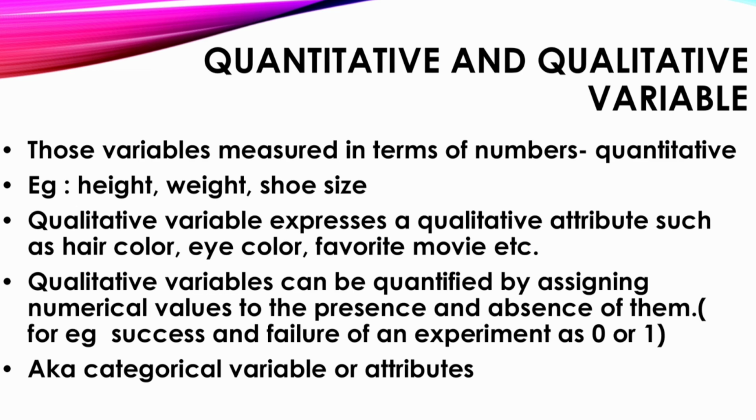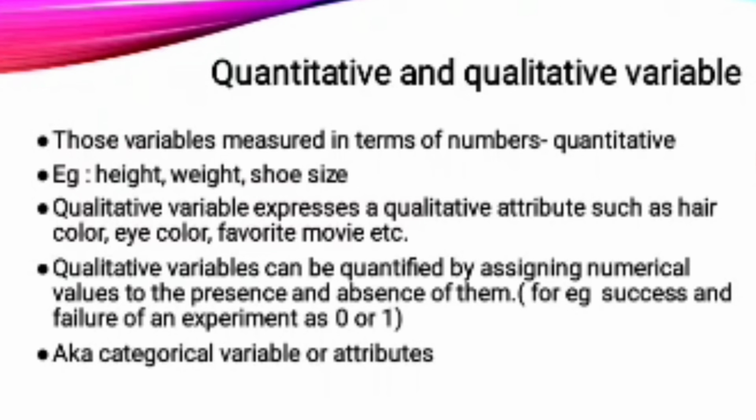For example, success and failure of an experiment as 0 or 1 is quantitative, and all those which cannot be quantified are considered under qualitative variables.